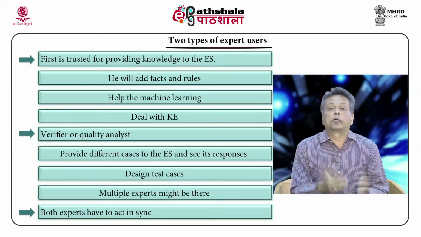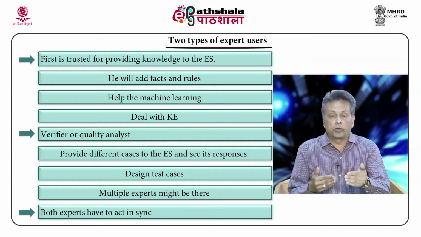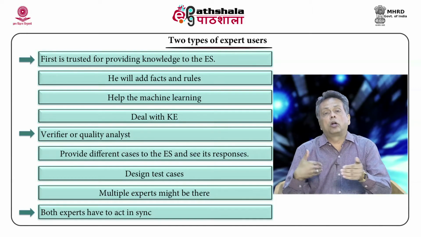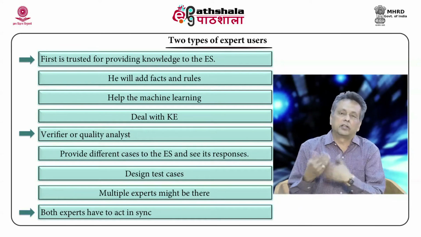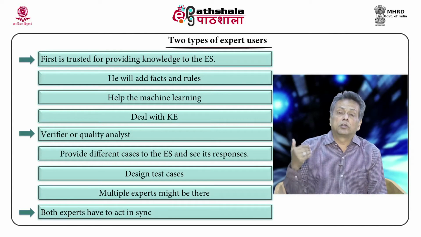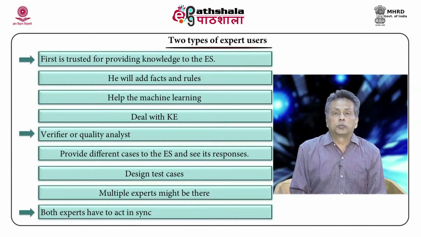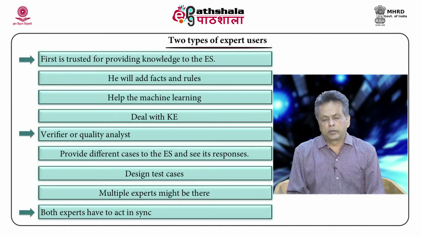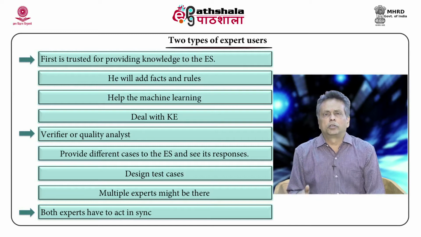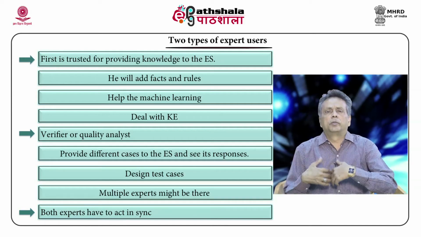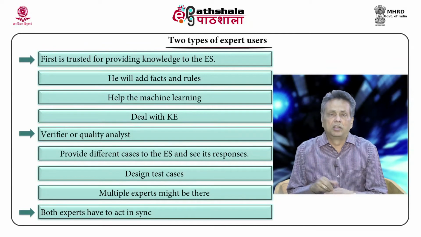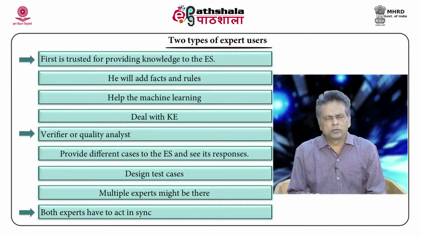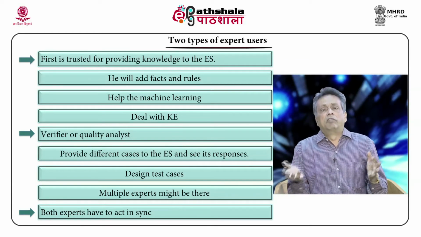And these are the two types of expert users I talked about. The first is trusted for providing the knowledge. This expert is basically providing all rules, heuristic rules, procedural rules, facts and many other things. Sometimes the information is not directly available from the expert. For example, in a medical diagnosis case, a doctor will not be in a position to provide complete information about the human body, all diseases and all drugs, because these things are available through other means.